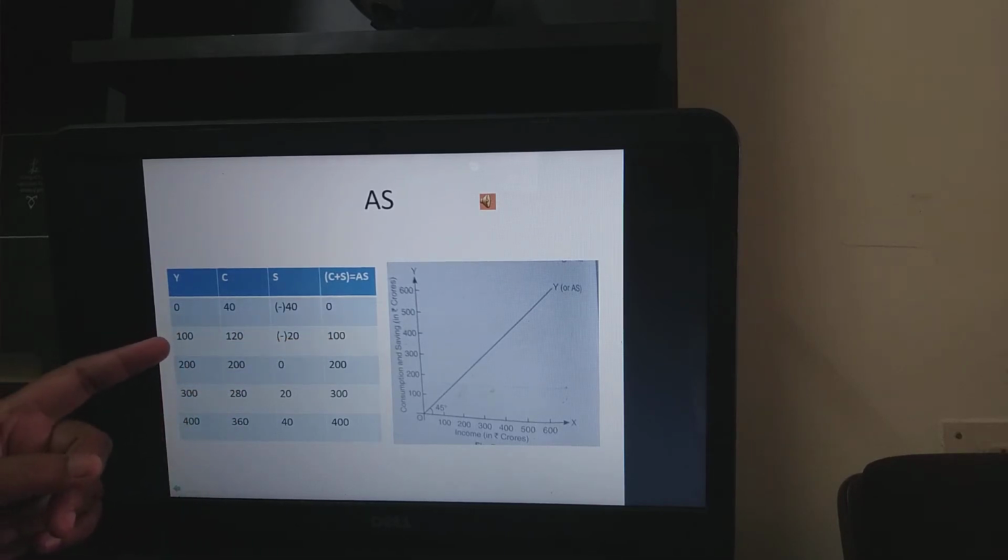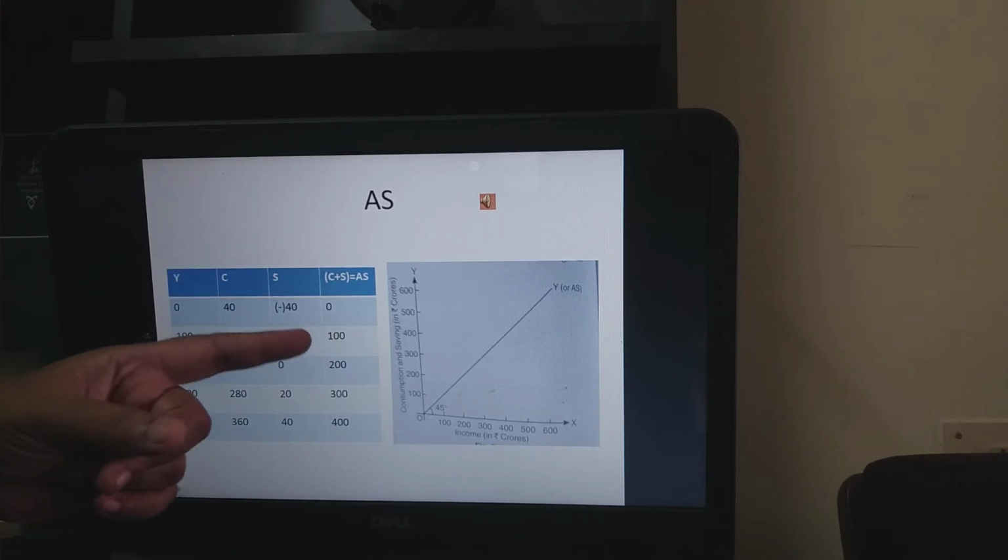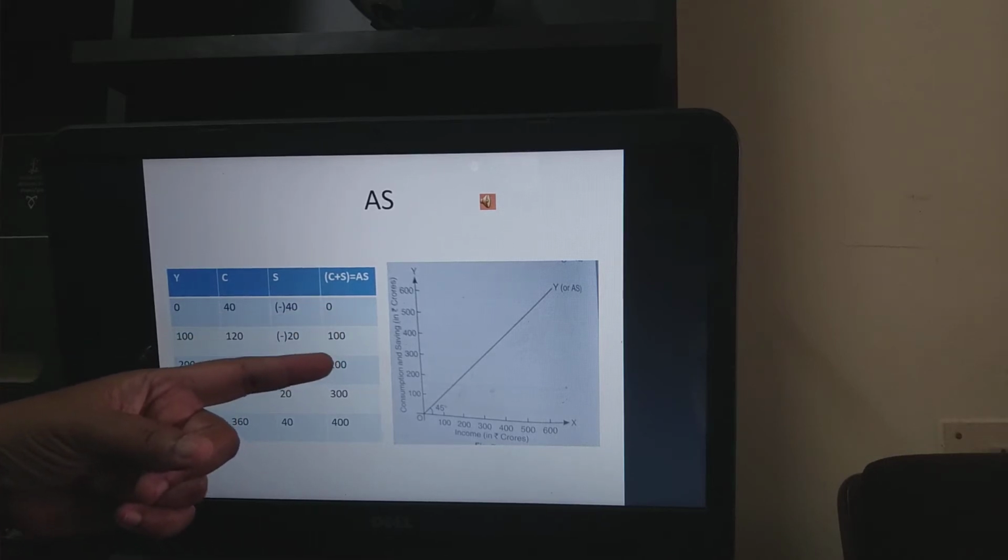And when income goes up to 100, there is still an excess of consumption expenditure over the income to an extent of 20. That is, 120 is the consumption and 100 is the income. So minus 20 is the dis-saving, and thereby 120 minus 20 becomes the aggregate supply, which is 100.